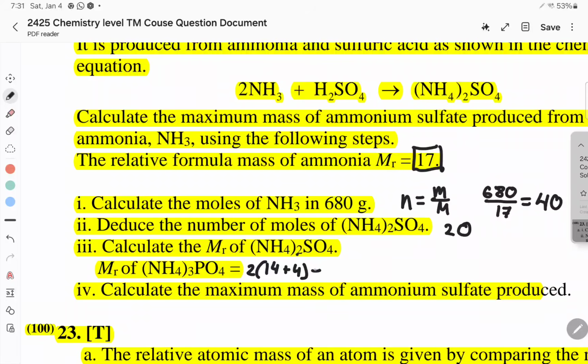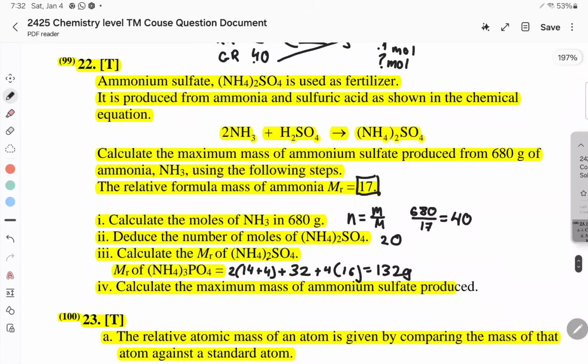And then plus S is 32 plus 4 times O. 1 O is 16. So when you put all of this in your calculator, it's 36 plus 32 plus 4 times 16. You should get all equals to 132 grams.